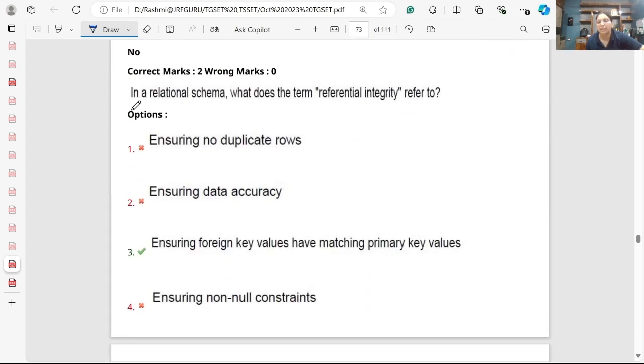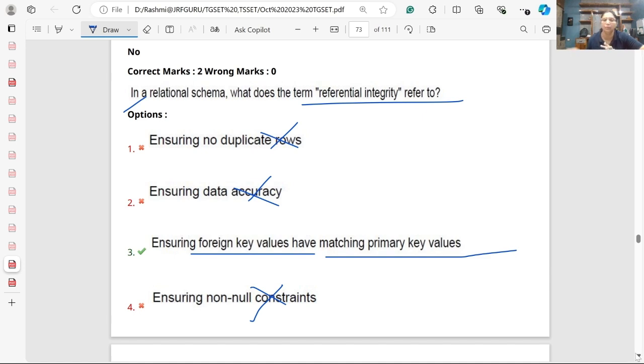Now, in a relational schema, what does the term referential integrity mean? Referential integrity is about the foreign key. It represents the relationship between the foreign key and the primary key. Deletion of duplicate rows, no. Data accuracy, no. Non-null constraint, no. It ensures the foreign key value has a matching primary key value.